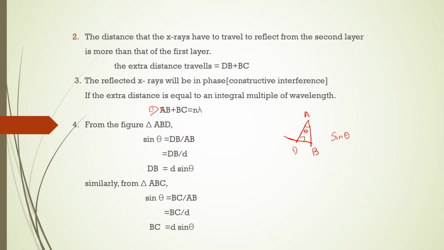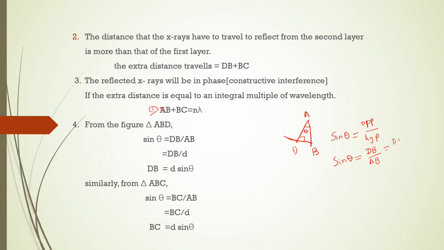So here if you take sine theta, what is the formula for sine theta? Opposite side by hypotenuse. So what is the opposite side here? Theta's opposite side is DB, divided by the hypotenuse. The hypotenuse is opposite to 90 degrees, that is AB.